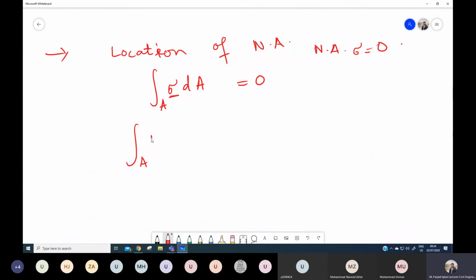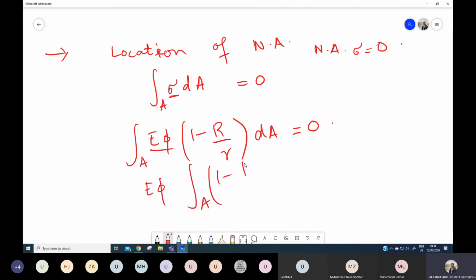So if I replace it over here, I will get E phi into 1 minus capital R over R, dA is equal to 0. So this E phi factor is constant, so I can take it out. This area, 1 minus capital R over R into dA, right?